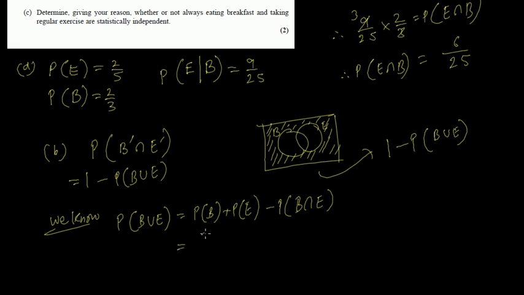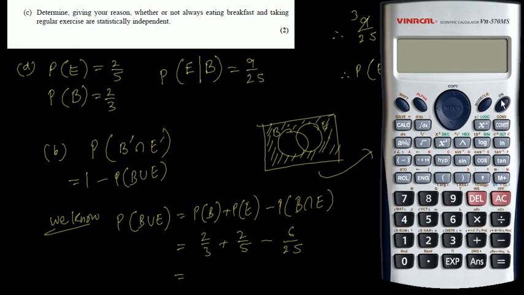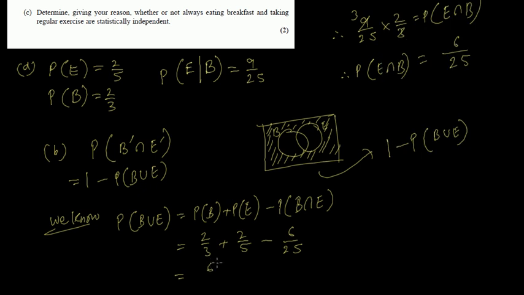Probability of breakfast is 2 by 3 plus probability of exercise is 2 by 5 minus probability of breakfast intersection exercise is 6 by 25. Remember, E intersection B and B intersection E is the same thing. On the calculator, 2 by 3 plus 2 by 5 minus 6 by 25 is 62 by 75.